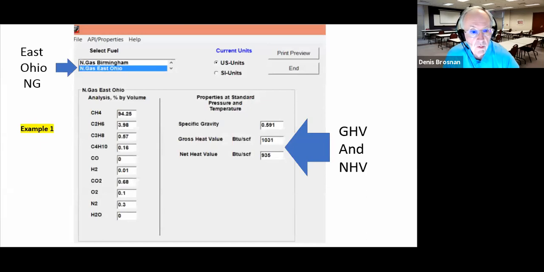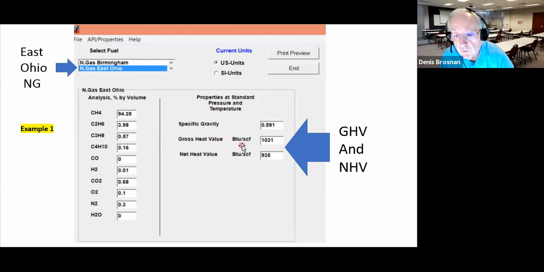Now, here's an example that I used, East Ohio Natural Gas. So I've selected that fuel here in the fuel data utility. This is example number 1, a gaseous fuel, and we've got the computer data for the combustion of natural gas East Ohio, which I used to buy when I lived in the upper Midwest in the United States.